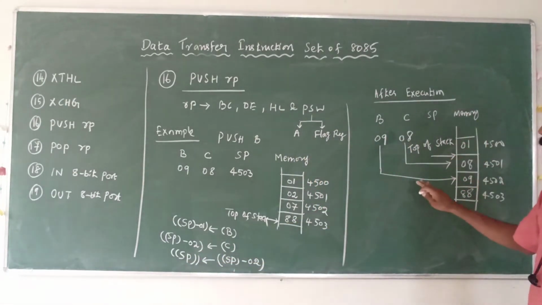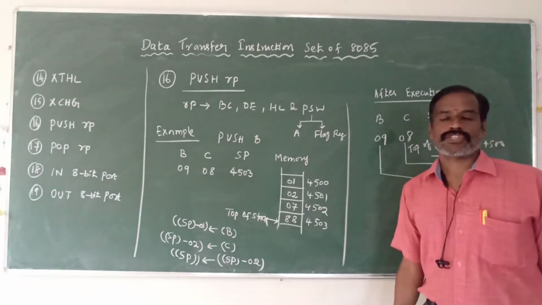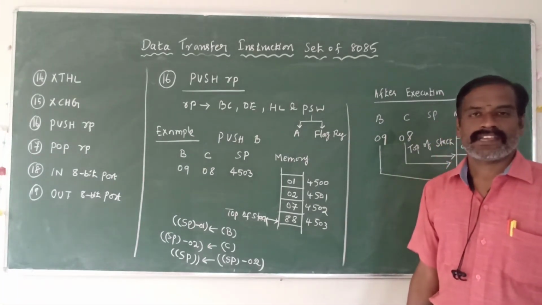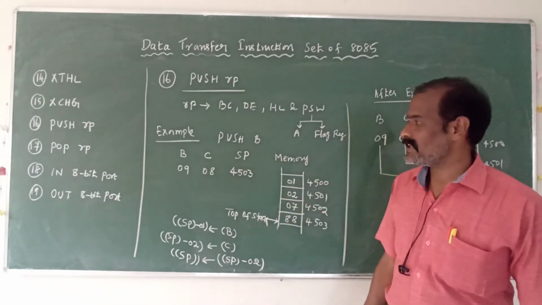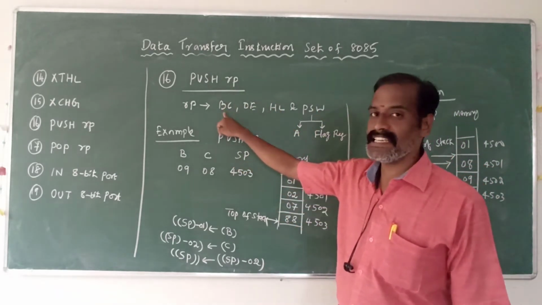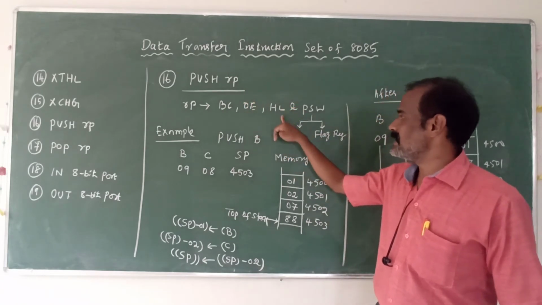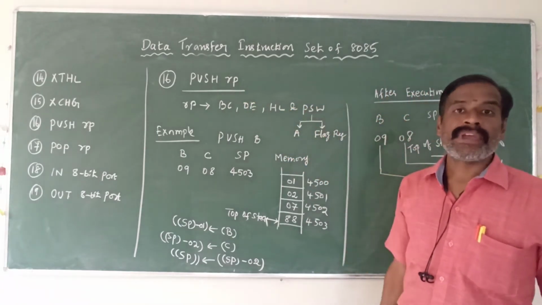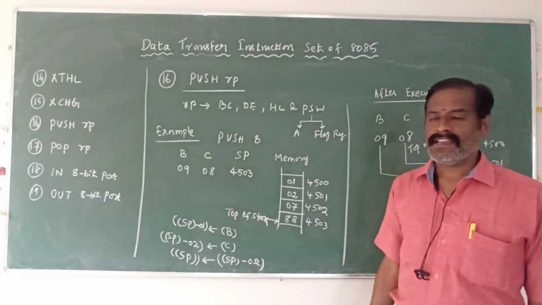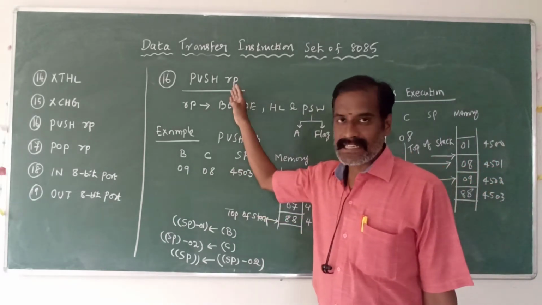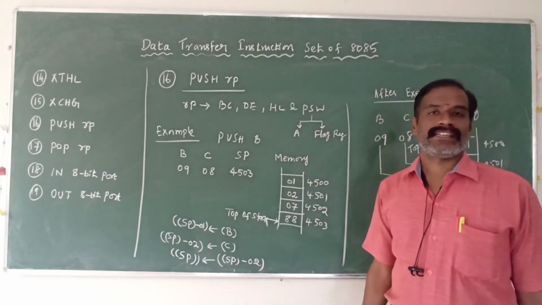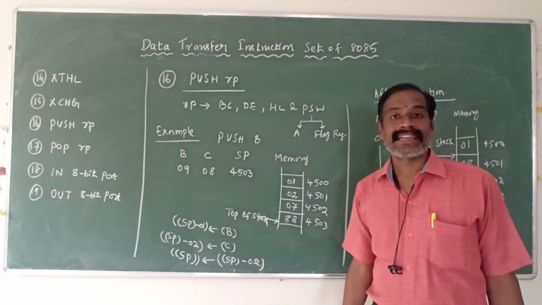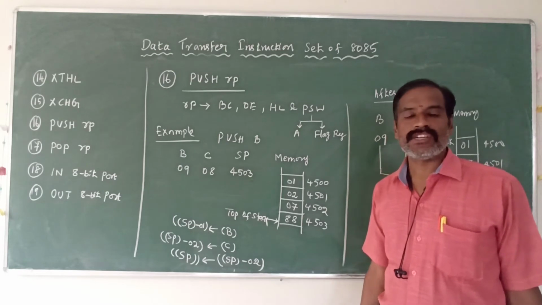This is the operation of push RP. The given register pair content, either BC, DE, HL or PSW, any register pair content is pushed into the stack.